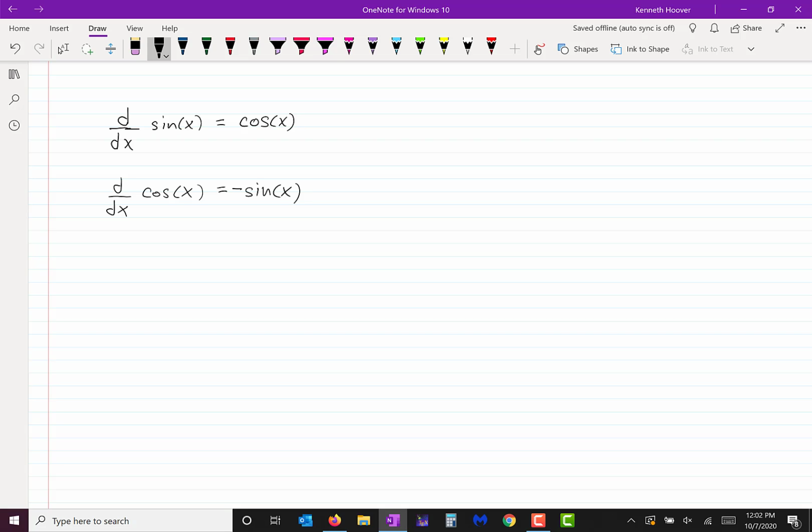And now it should be easy for us to find the derivative of tangent. And the derivative of cosecant. And the derivative of secant.